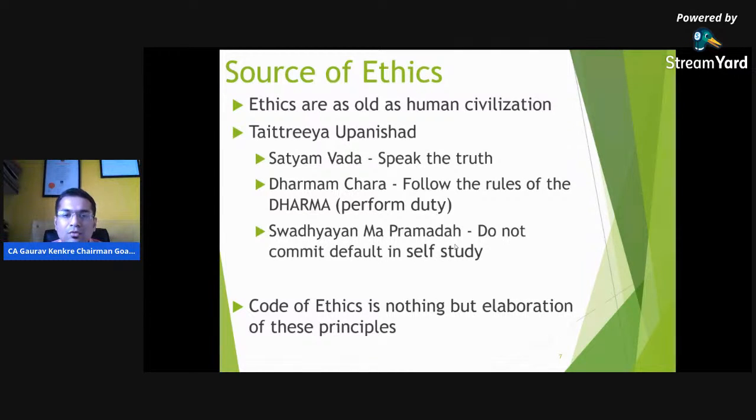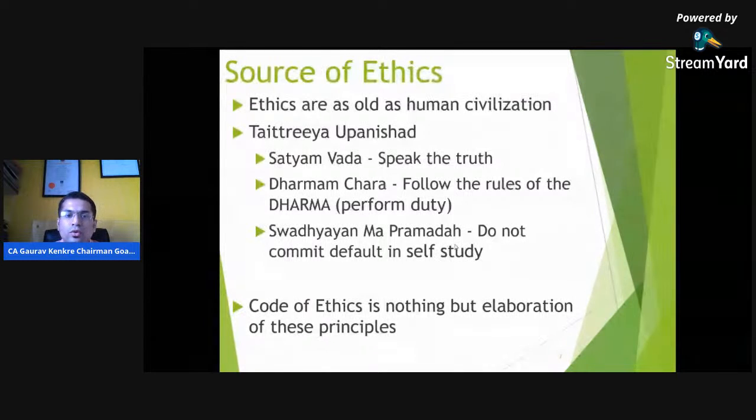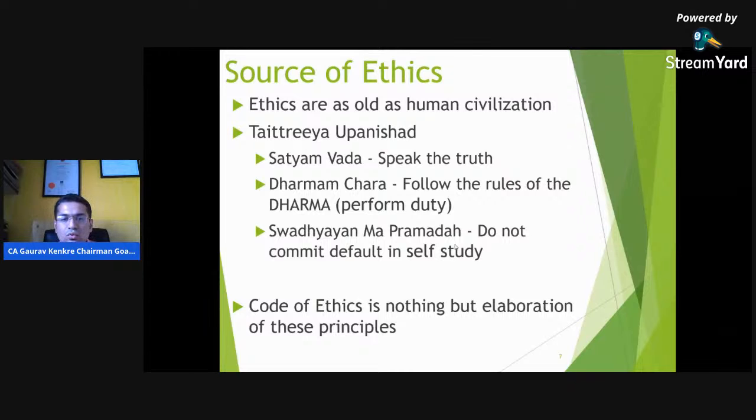If you look at these three tenets from the Upanishad, you will realize that these are sprinkled all over our code of ethics. Speak the truth. Of course, as a CA, we always need to be on the right side, on the truthful side, on the correct side. We have to follow the rules of dharma. We should know what is our dharma.